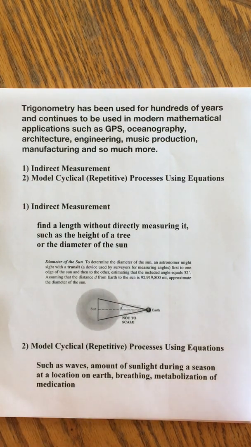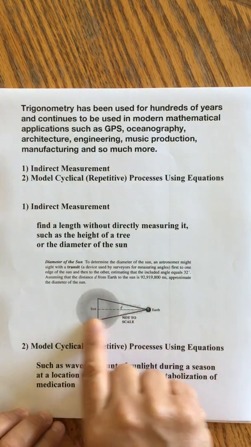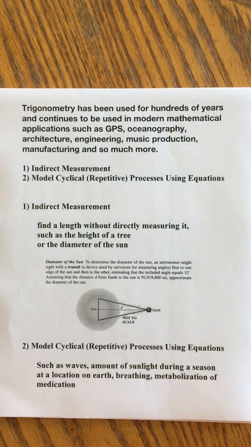But if I were to give you a really broad brushstroke of the fortes of trigonometry, although there are many, it would be two things: indirect measurement, and what that means is I can't actually touch the length of the thing I'm trying to measure. All right, I can't touch it. Like maybe it's the height of a tree and I don't want to climb the tree, or maybe, as you see here, the diameter of the sun. I can't do it, right? But I can still measure it. It's just done indirectly. I can't directly touch it. So that's a huge forte.